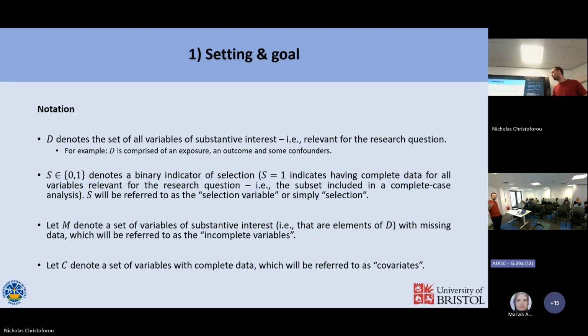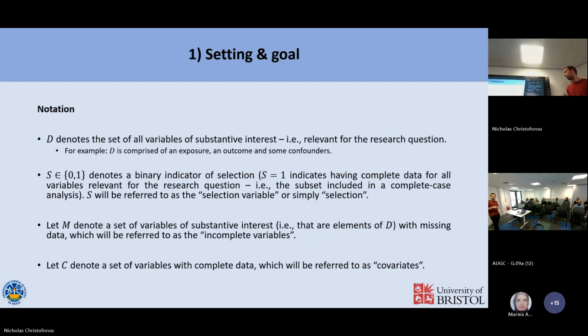I'm going to refer to S sometimes as S, sometimes as selection. Out of your set D, you could have one or more variables with missing data. M denotes the subset of D that has missing data, and I'm going to refer to M as the incomplete variables.